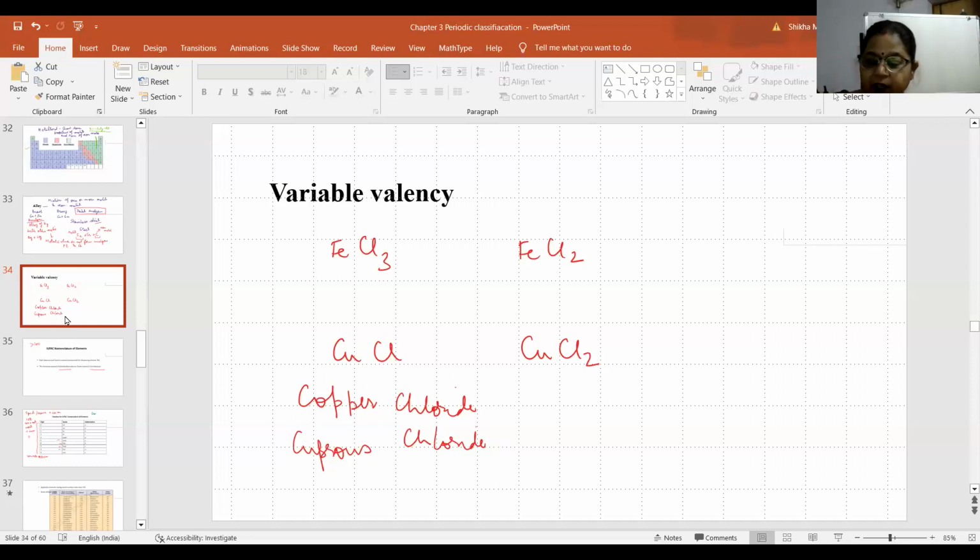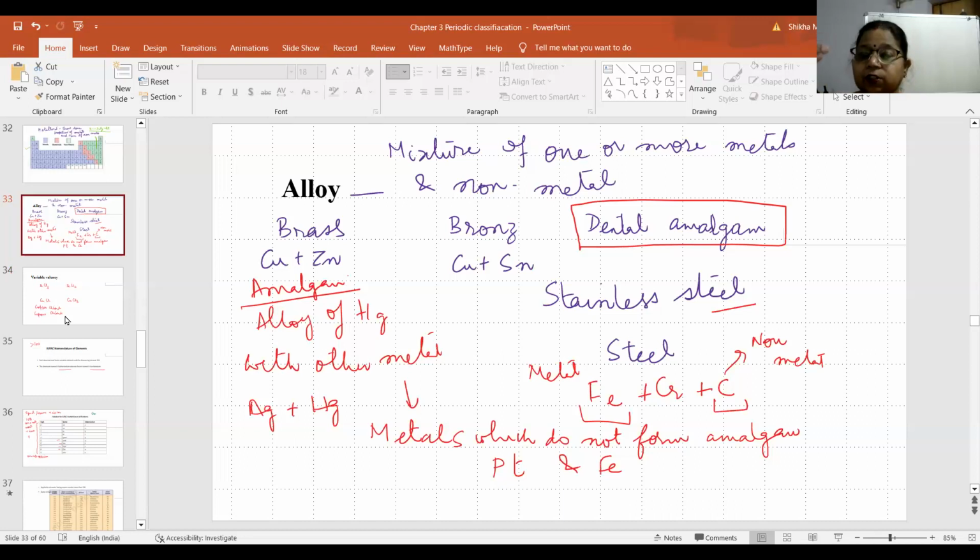So I think I told you in the beginning of the class that we will first of all be revising a few names or concepts which are written in the periodic table chapter, and they are used randomly here and there, no specific place. These concepts are nowhere related to the concept of the modern periodic table.